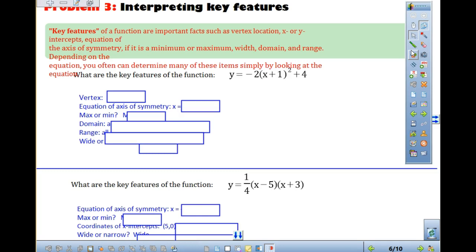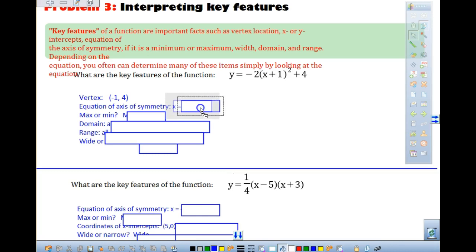So looking at this first one, what would you write down as your vertex? Should be negative 1 and 4. Okay, negative 1, 4. Which then, the axis of symmetry, Becca, is going to be what? Negative 1.